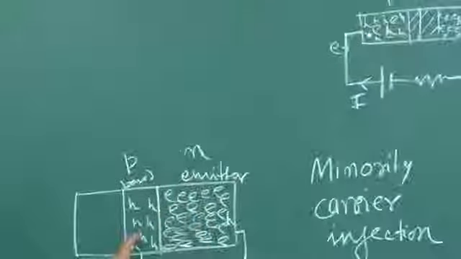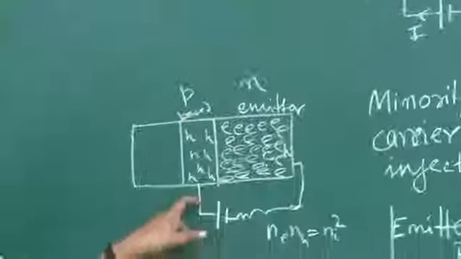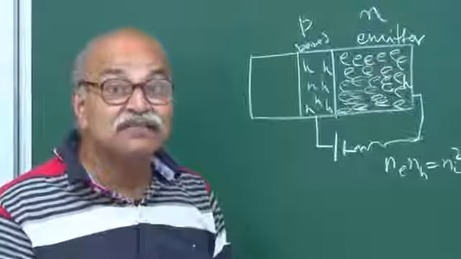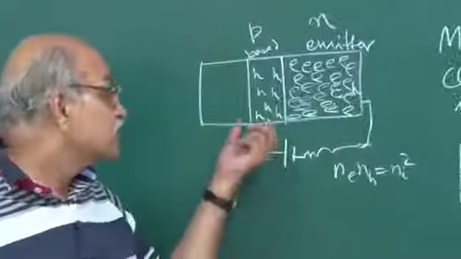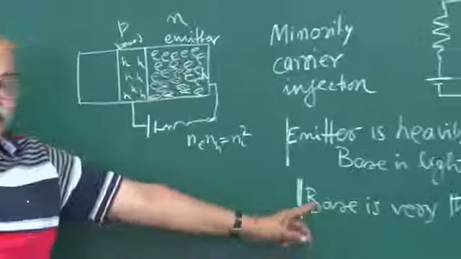So this IB, the current in this base region, is because of this recombination, but that probability of recombination is very small because of this low thickness, because of this fact that base is very thin.